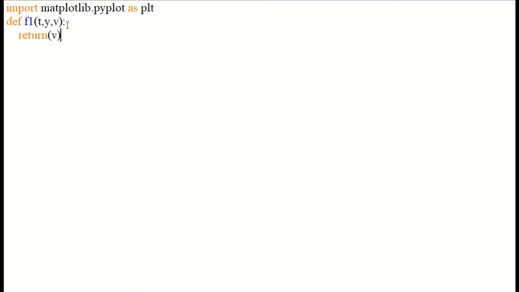So actually we don't require this thing, but this will really help us to modify our program for any simulation. Now we'll define the second function. Define f2 of t comma y comma v, and there it's really simple, you just return minus 9.8.